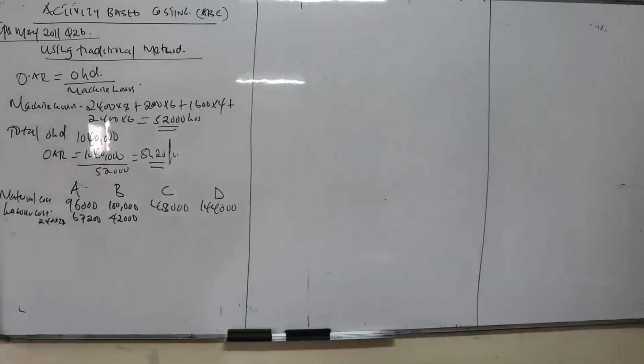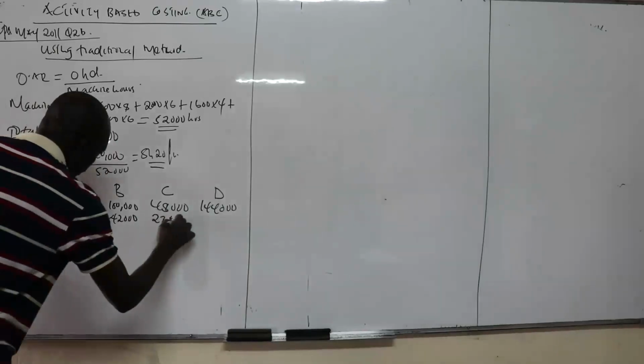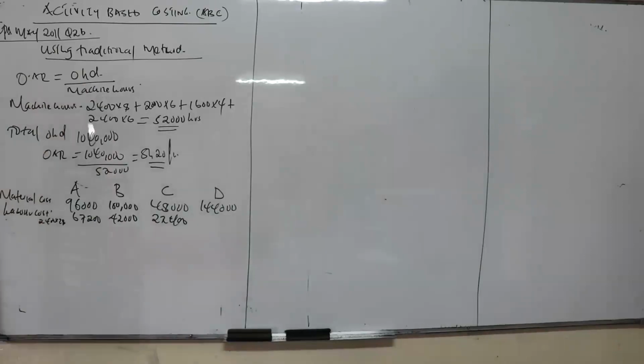The 144 was a mistake, it is supposed to be 14. You get 22,400. And then product D, is it 21 times 24?